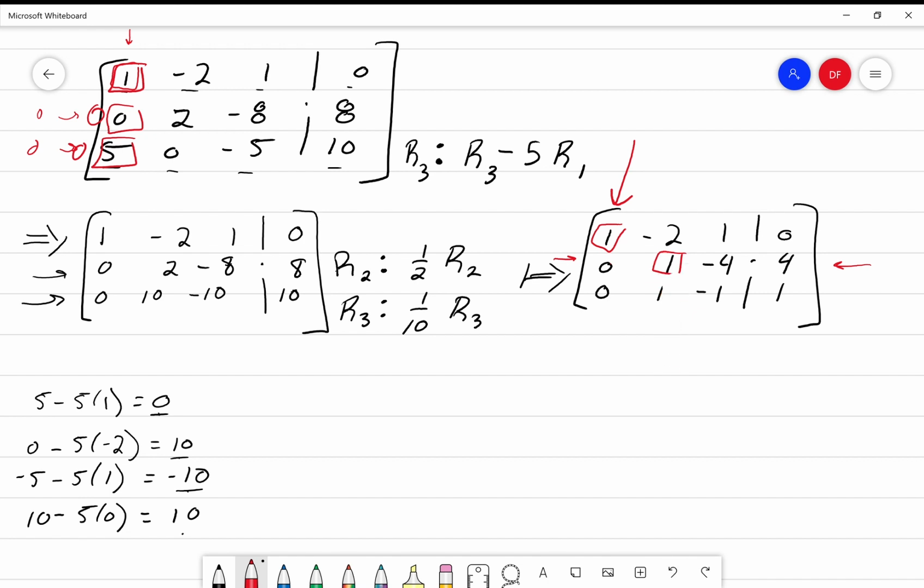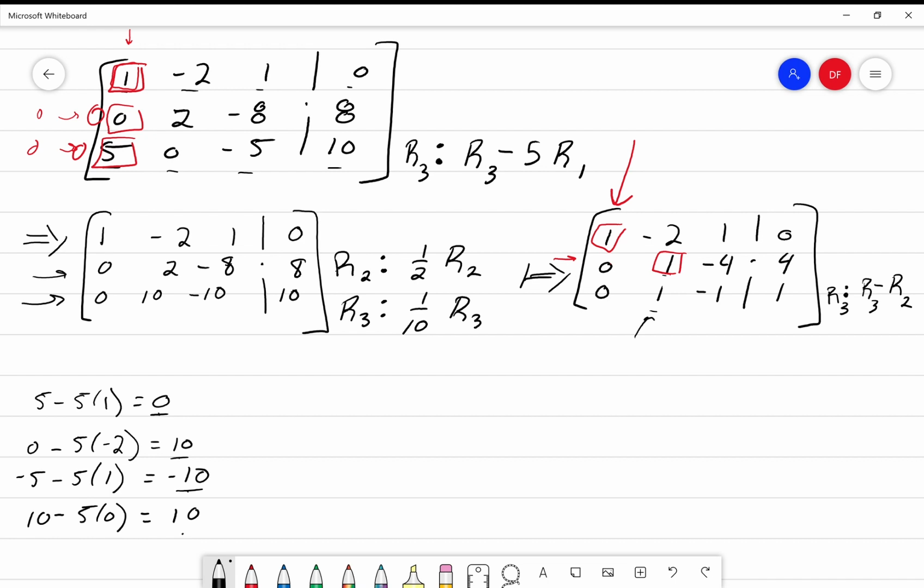So let's do that. To do that, I take row 3 and I replace it with row 3 minus row 2, because I'll have 1 minus 1, which will give me 0 right here. Okay.